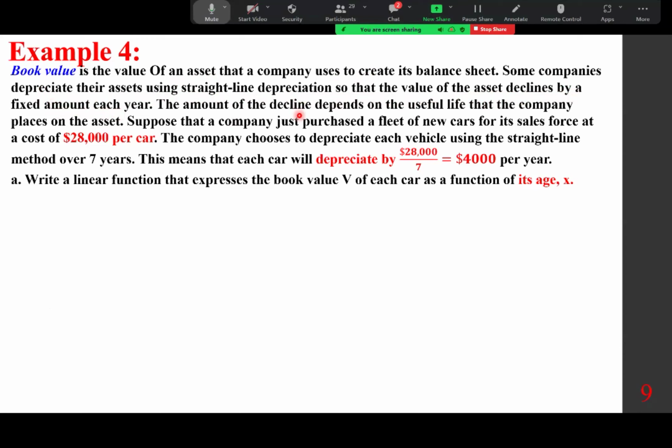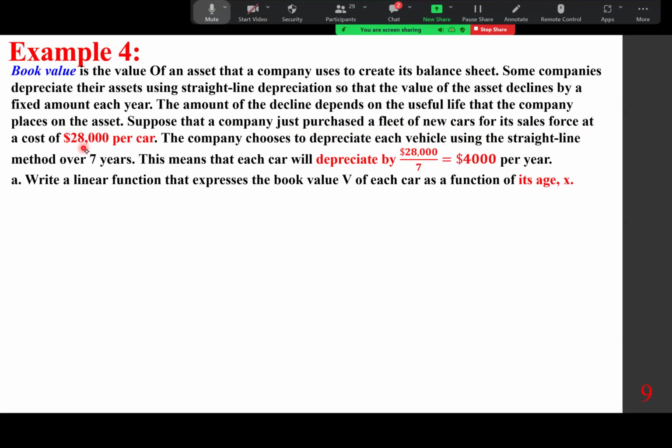The amount of the decline depends on the useful life that the company places on the asset. Suppose that a company just purchased a fleet of new cars for its sales force at a cost of $28,000 per car.